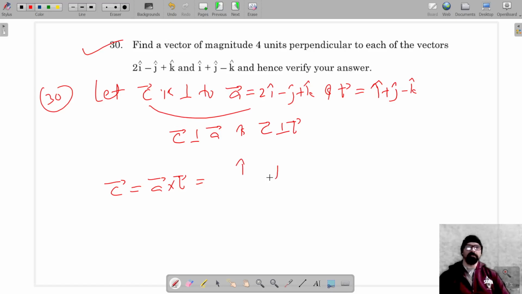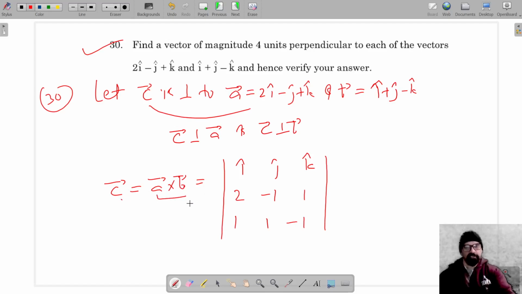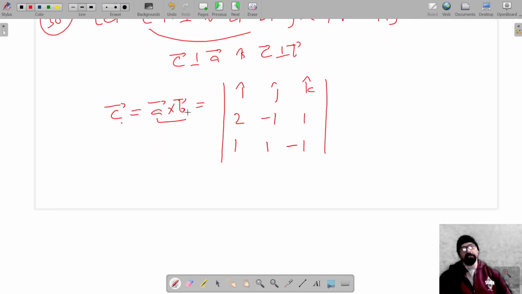So a cross b is the determinant of i j k cap, 2 negative 1 1, 1 1 and negative 1. This is how we find a vector that is perpendicular to two vectors: if a vector is perpendicular to these two vectors, then we can get that vector by getting the cross product of those two vectors.